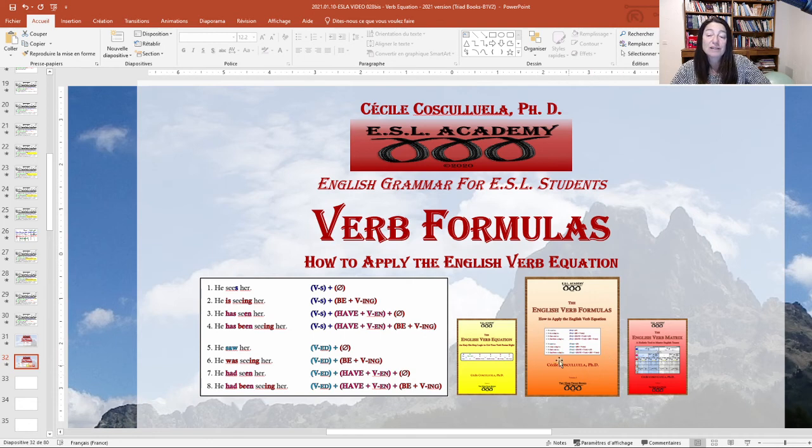So the second book is how to use verb formulas, and then you need to connect the tools that are used to give a form to a verb with the different forms that a verb can take, the different combinations that are possible. And the link between the two is actually the English verb matrix, and all these subjects will be dealt with in upcoming videos.